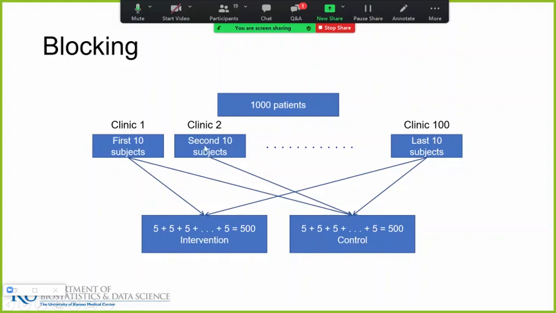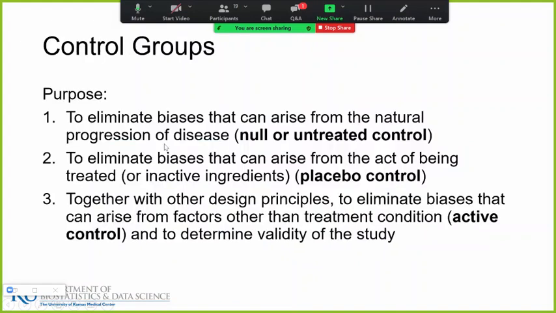Is it the institution that's the difference in patient outcomes or the treatment? There's no way in that particular approach I could tease out the effects of the clinic that's accruing patients. So blocking is one way we can explicitly account for one or more sources of variation in the outcome explicitly in the randomization. Otherwise, we allow randomization to account for those kinds of things on its own.